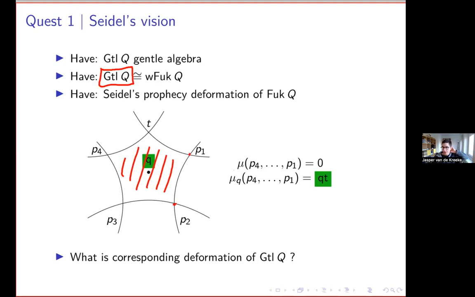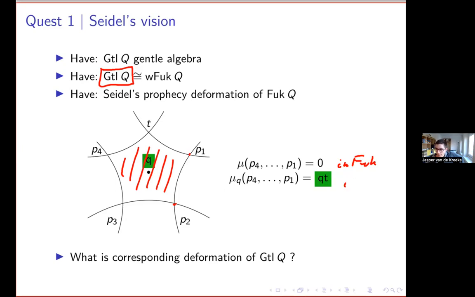So classically in the Fukaya category, you would have vanishing product of these because, at least for the portion I've drawn here, there's no disk between those points.